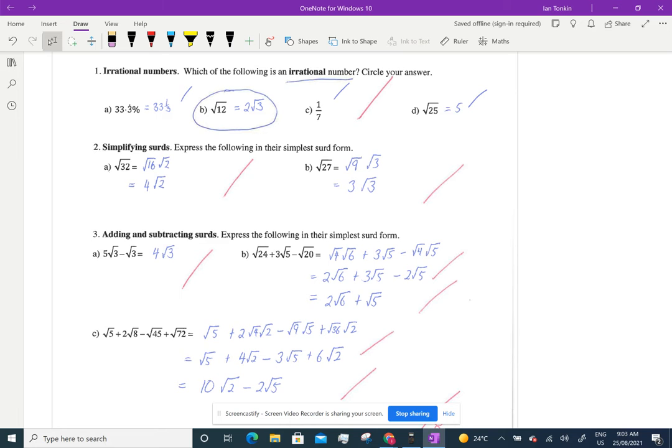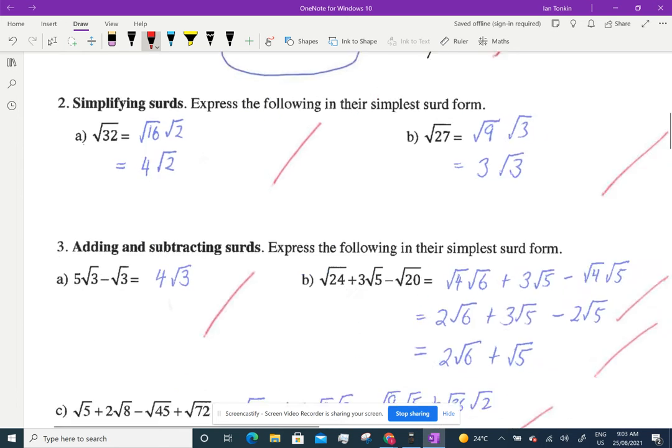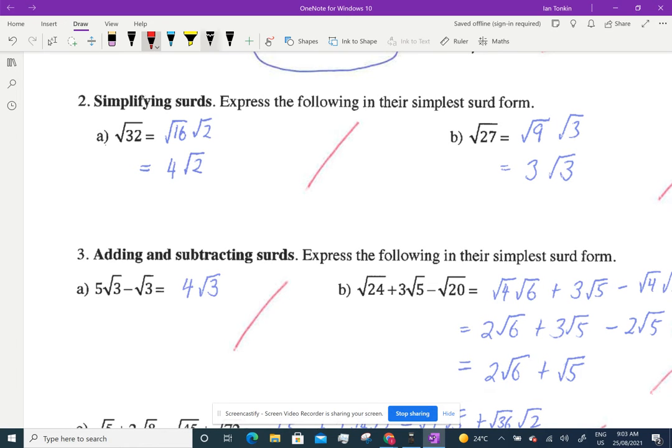Now this is one, the very first question, a lot of people got this wrong. They wanted to do root 32. And I thought, oh, I'll just take root 4 out, and that's 4 root 8, and they got 2 root 8. And this comes up again in another question.